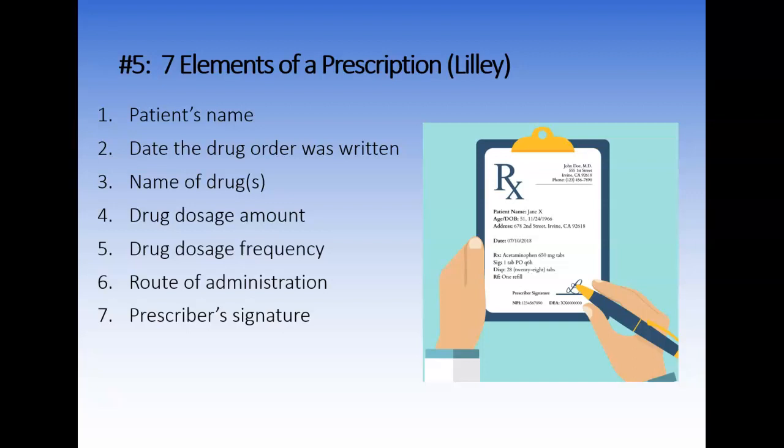Now that's not always necessary anymore because we have a lot of electronic processes with drug prescription. But you're always going to need the patient's name, the date the order was written, the drug, the dosage, the frequency, and the route.